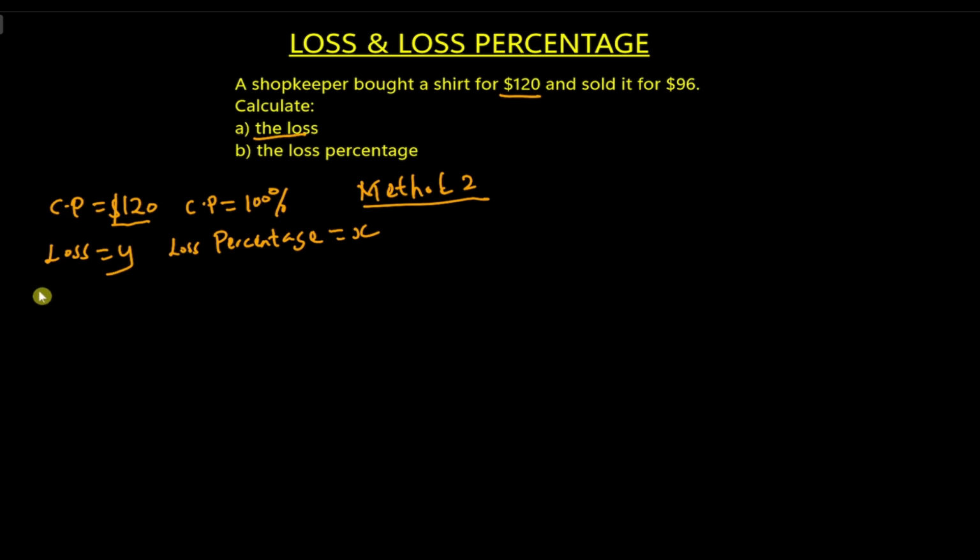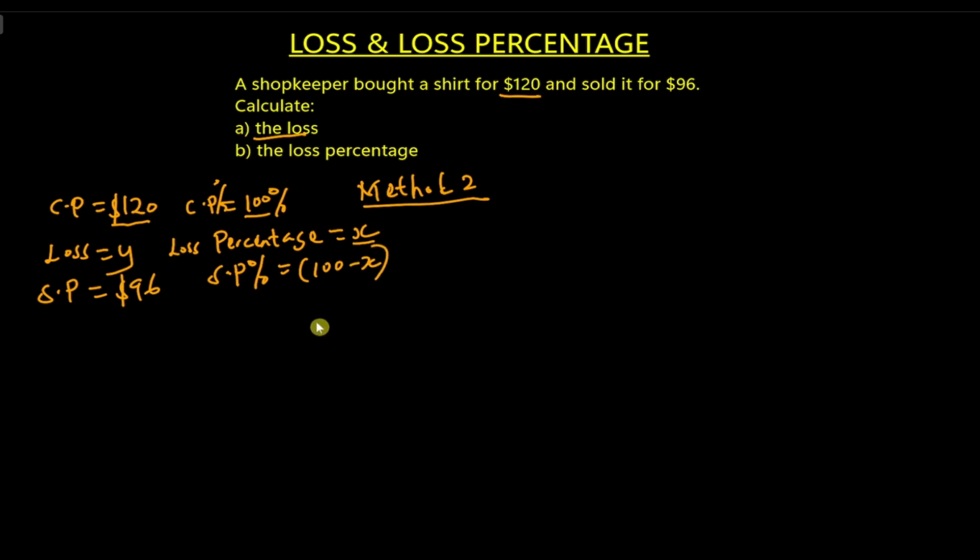So the third one we have is the selling price. The selling price in the question is $96, and the selling price in terms of percentage, so selling price percent. Now the selling price percent can be found by adding, or since it is a loss, it can be found by subtracting the loss percentage from the cost price percentage, because it's a loss and loss simply means subtraction, so 100 minus x.